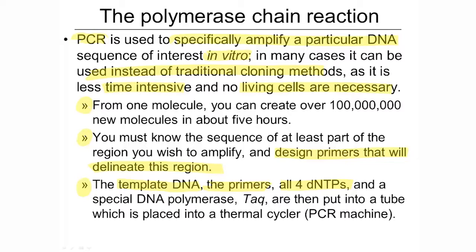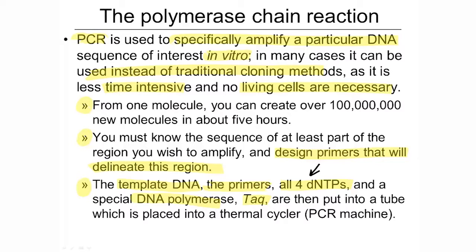So the dNTPs are A, G, C, and T of the DNA variety that can become incorporated into a growing chain. And if it's DNA replication, you need a DNA polymerase to do it. Now, it may not be obvious right now why, but a special DNA polymerase is used, and it's called Taq.